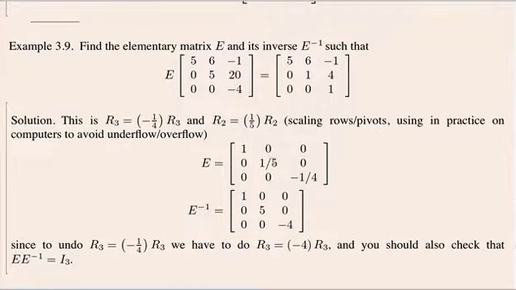So this divides the rows by 5 and minus 4. To undo this, you multiply with the reciprocal, so it's multiplied with 5 and minus 4. And you can also check that E inverse times E is the identity, and also E times E inverse is the identity matrix.